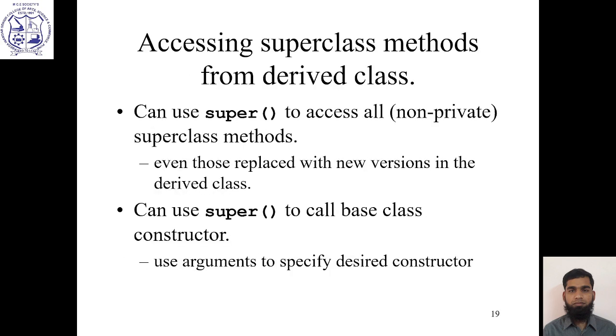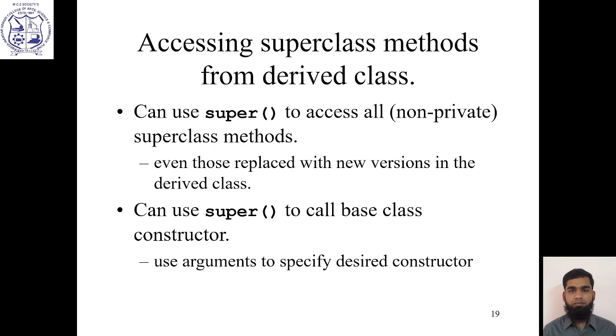Accessing the superclass methods from a derived class: we can use the super keyword to access all non-private superclass methods, even those replaced with new versions in the derived class, as well as replace those methods.